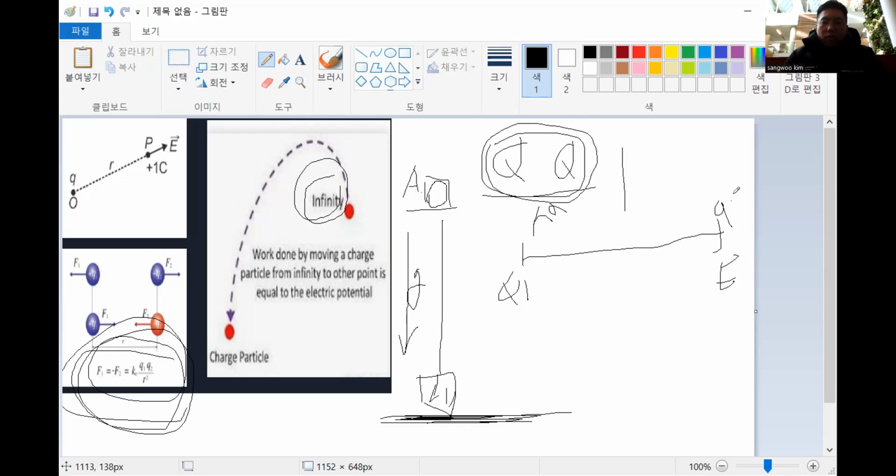There's also Q1, just 1 Coulomb here, okay? It's Earth. So first of all, could we move this box to the A point? There's gravity, right? So could the box move to A point by itself? Of course not, right?